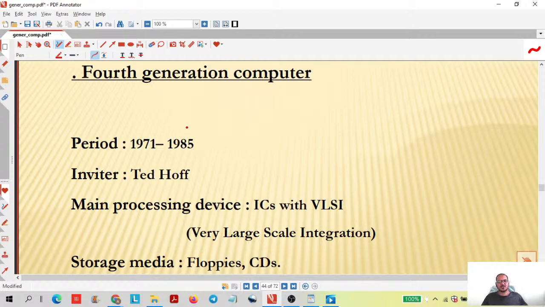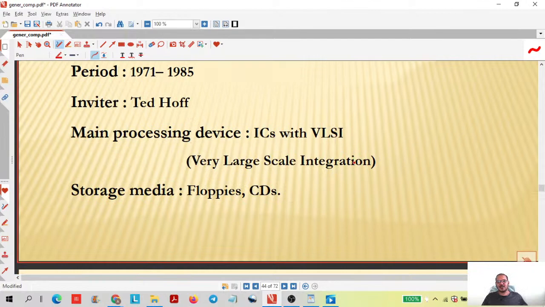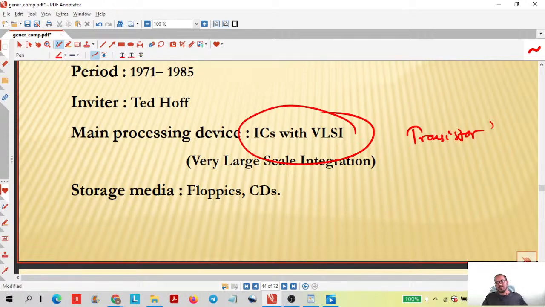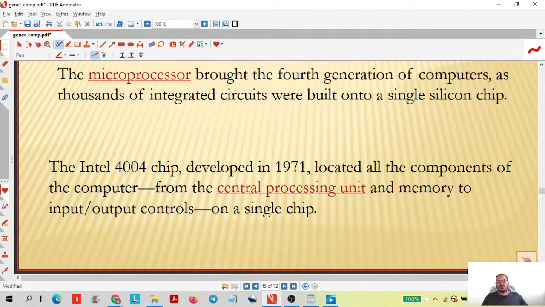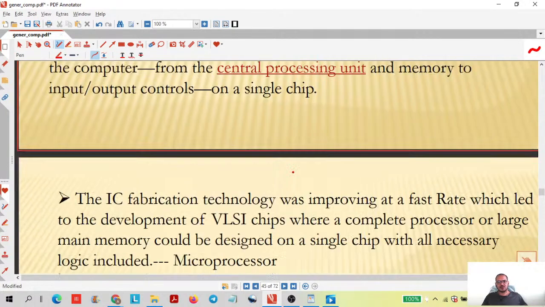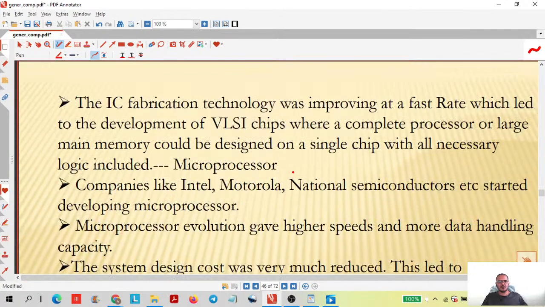Then in the fourth generation computer, ICs with very large scale integration, that is, the number of transistors in an IC is increased. Because of the advancement in semiconductor technology, IC fabrication technology was improving at a fast rate during the fourth generation computers.